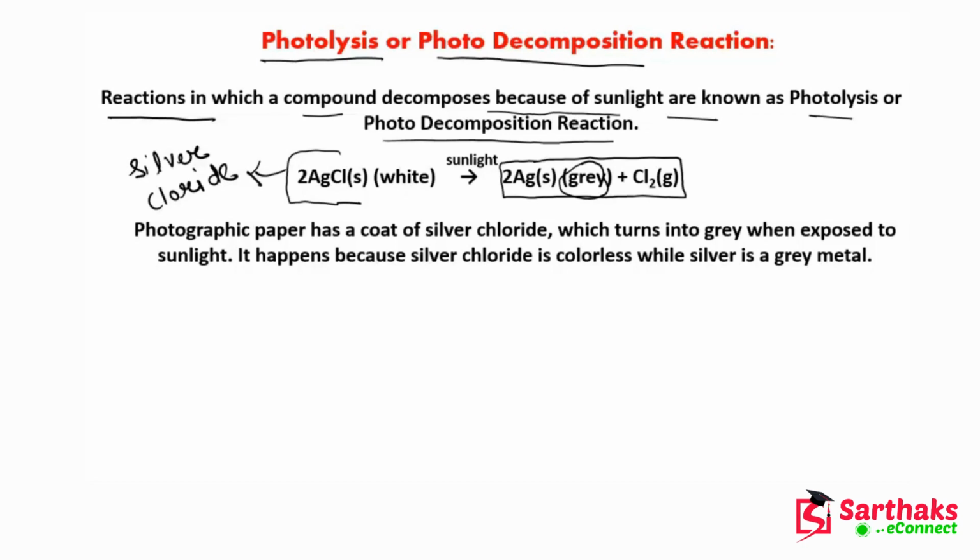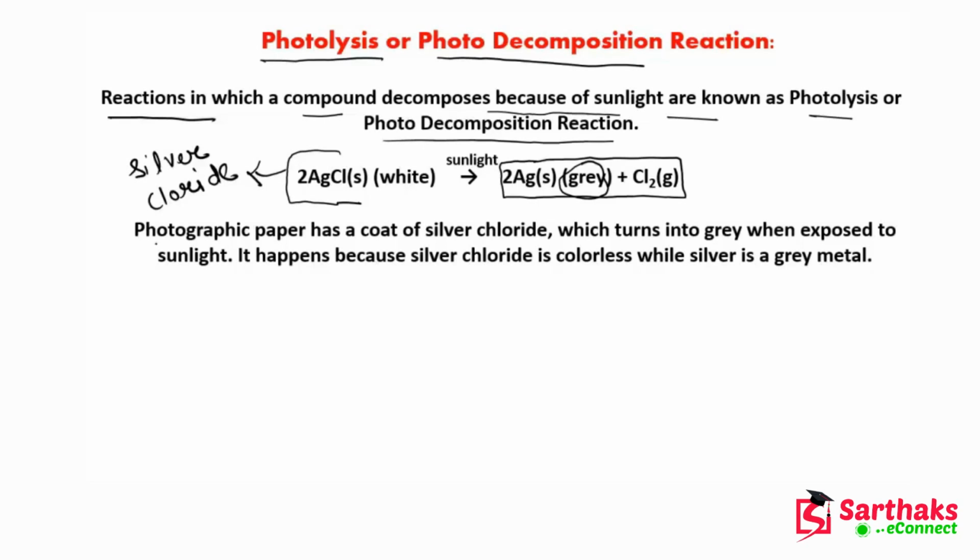They live with their own elements or in combination, but metals can be found pure in nature. So this is a metal, silver, so this will break into Ag and Cl2, which is a gas. So this is an example of a photolysis or photo decomposition reaction.